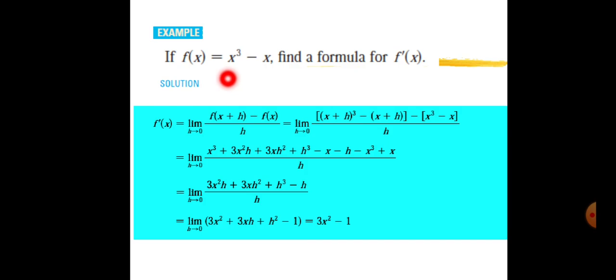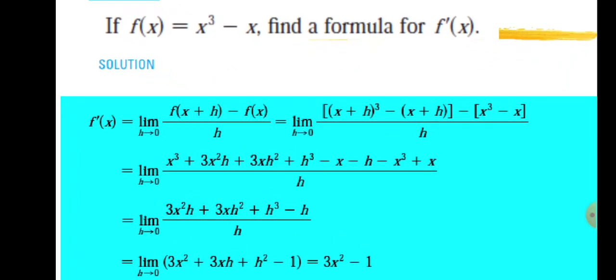So instead of x power 3, we have to write x plus h power 3. Instead of x, we have to write x plus h, minus f of x, over h, and h approaches 0. Expand the brackets.